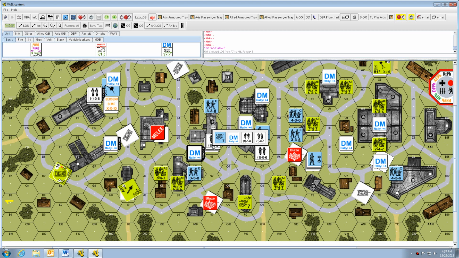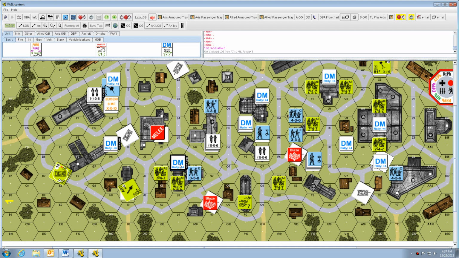What do we have here? We just have a broken knee. Okay. So he can then enter into this hex here, and for, let's see, 1 movement point, 2 to go into there. So that's 3 movement points, and then he could move into maybe this hex if he wanted to at that point, or maybe this hex, or he could just stay here, whatever the German player decides to do.